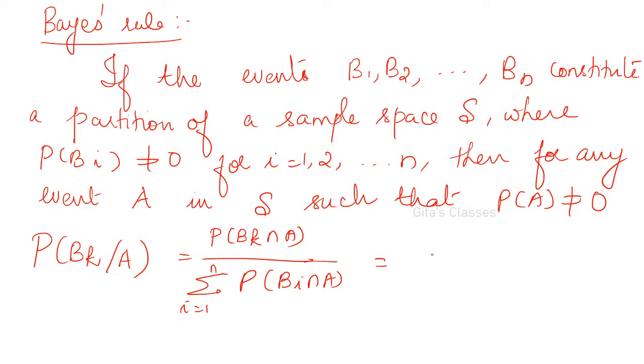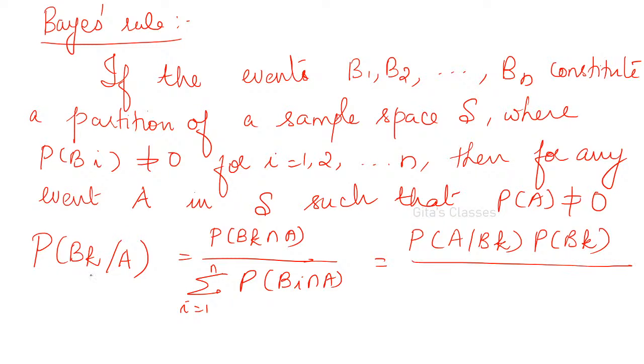If you expand this using conditional probability, you can write this as P of A given Bk into P of Bk divided by, remember like this: if Bk given A, you just reverse it, A given Bk, and whatever is after the given you write here.